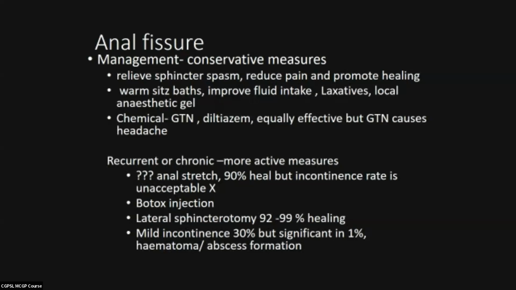So one definitive form of treatment is lateral sphincterotomy, where the internal anal sphincter is divided right up to the dentate line, and you get healing in almost 90% of patients after the procedure. There can be mild incontinence initially in about 30% of patients, but it becomes significant in less than 1% of patients. Of course, you can have other little problems like hematoma formation, abscess formation, and so on. So it is a perfectly acceptable method of treatment.